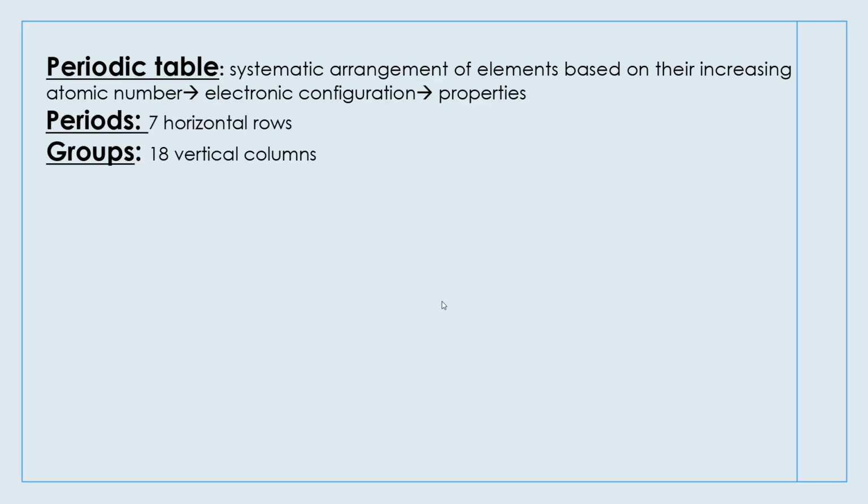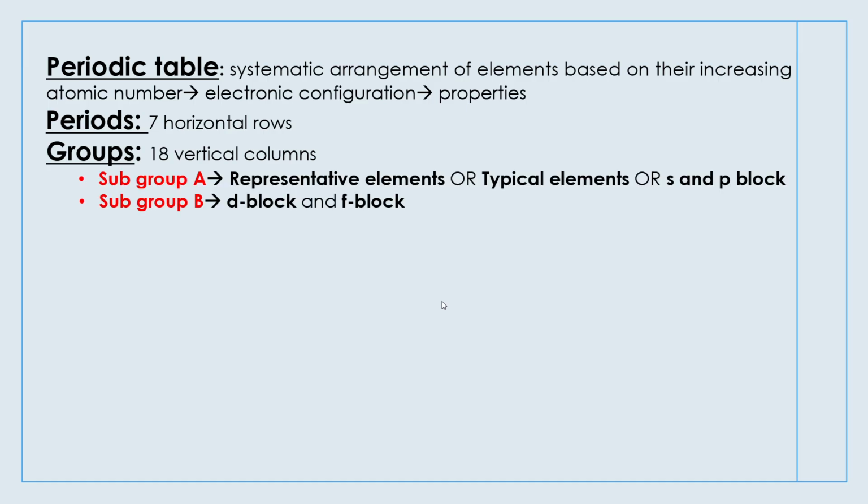The periodic table is further classified into 7 horizontal rows as the periods and 18 vertical columns, that is the groups. The groups are further divided into subgroup A and subgroup B. Subgroup A consists of the representative elements.